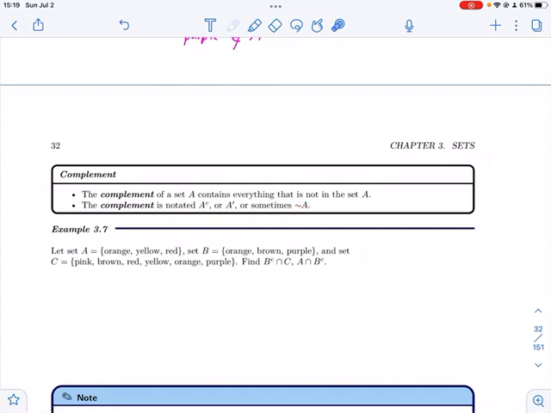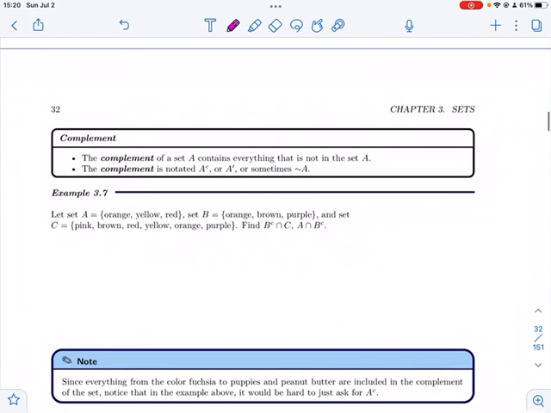B consists of orange, brown, and purple. And set C, pink, brown, red, yellow, orange, and purple. We want to find B complement intersects C. So the first step is to find B complement. What are the elements that do not belong to B?